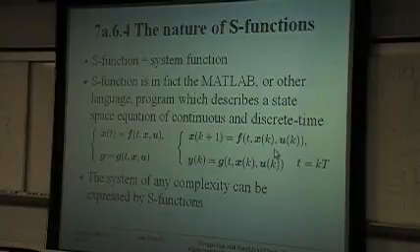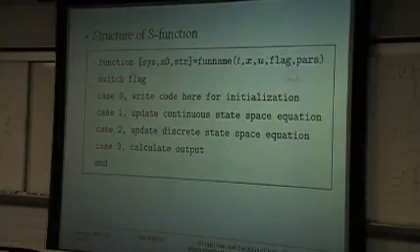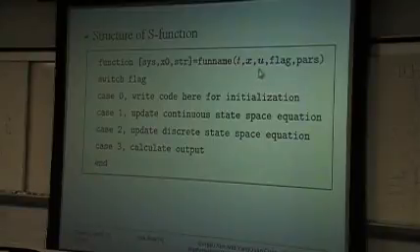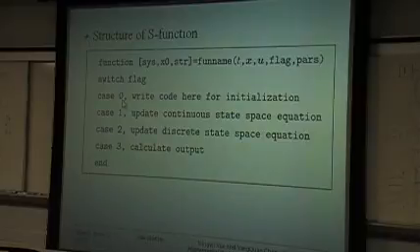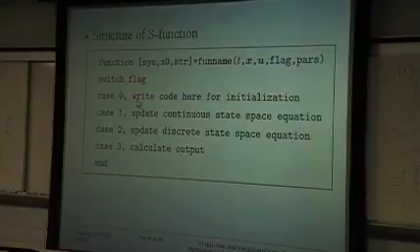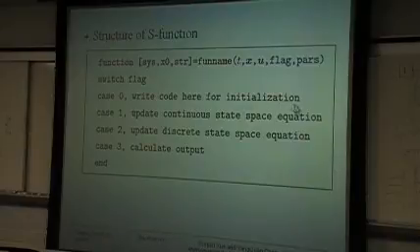And the structure of an S function is something like this. We have an important flag here and an input variable. The value of the flag is assigned automatically by the simulator. If it is equal to 0, we execute a piece of code for initialization of the model.